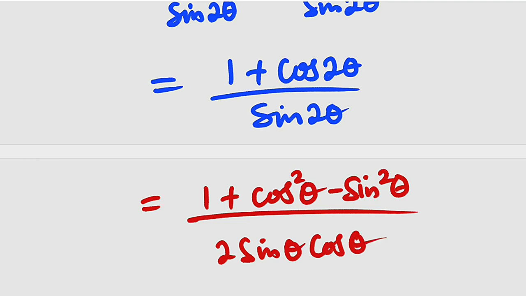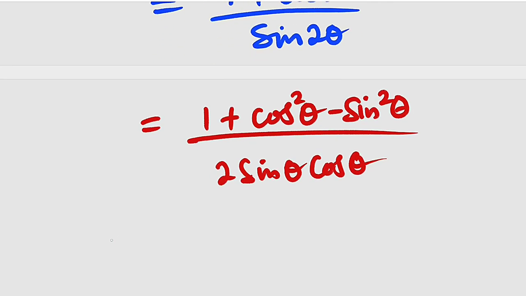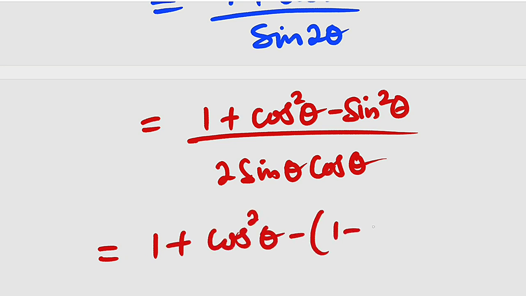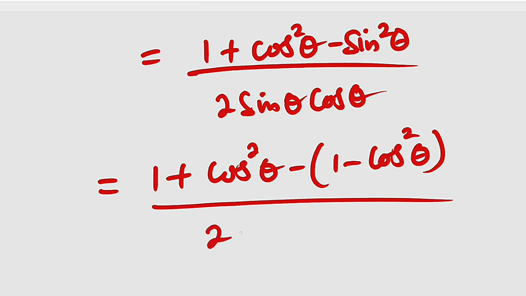So we can now write everything in terms of cosine to the top, because I know sine squared theta plus cosine squared theta is equal to 1, and hence sine squared theta can be expressed as 1 minus cosine squared theta. So we have 1 plus cosine squared theta minus 1 minus cosine squared theta. To the bottom, it remains the same, 2 sine theta cos theta.